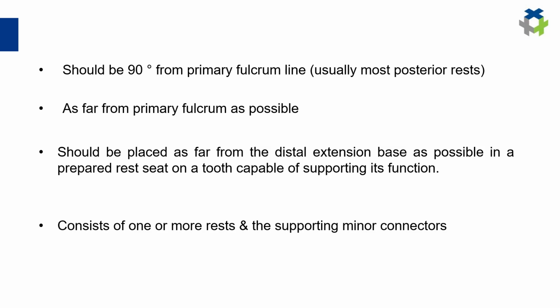The slope of the canine, that is the cingulum of the canine, should be able to support this indirect retainer so that it does not slip away or slip down. It can have two or more rests with supporting minor connectors.